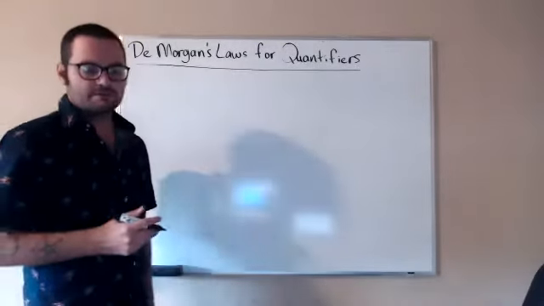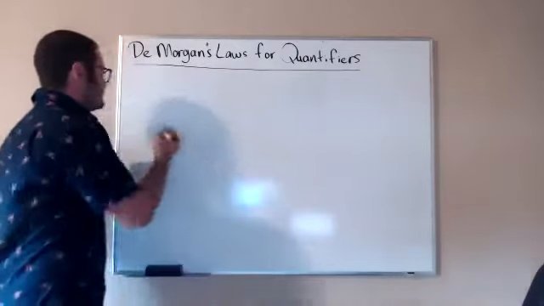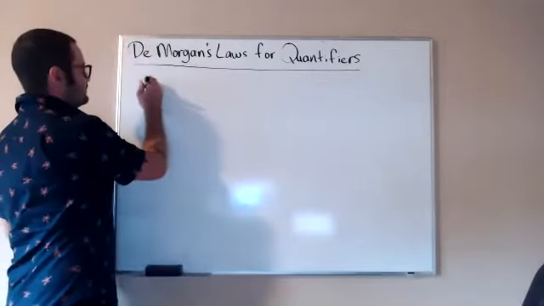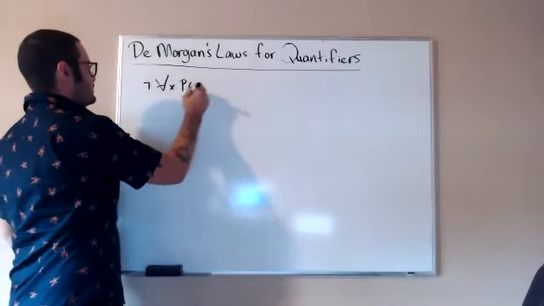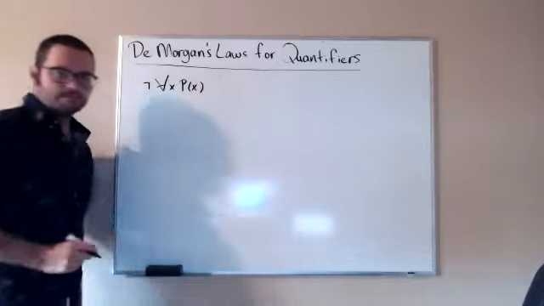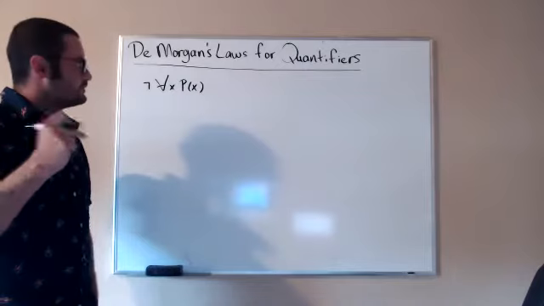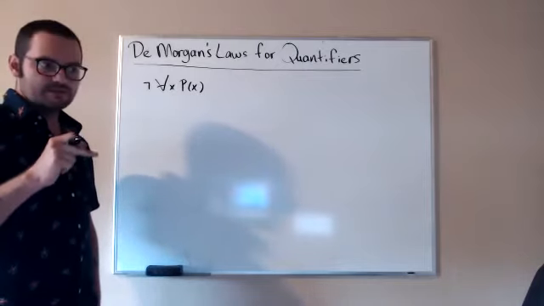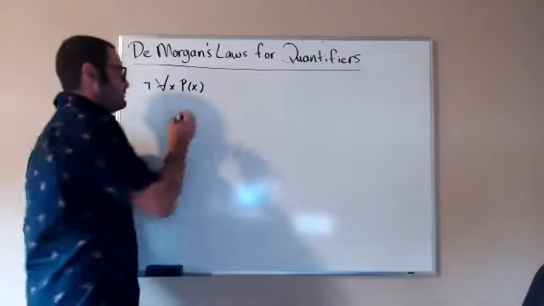Suppose we would like to negate the universal quantifier on p of x. So we want to negate for all x p of x. Okay. Now, if you remember, the universal quantifier is like this conjunction over all x in the domain, right?